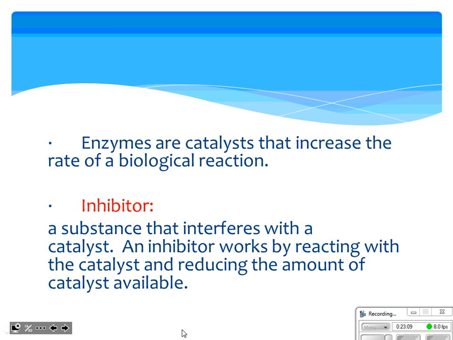Well, the inhibitor reacts with the catalyst and then causes a slower reaction rate. So if we have a catalyst there, we need to slow down that reaction. A scientist would say, I need to add some sort of inhibitor. That inhibitor will then allow my reaction to proceed at a slower rate because it's going to use up some of that catalyst.